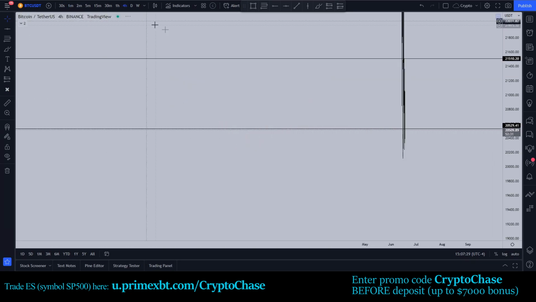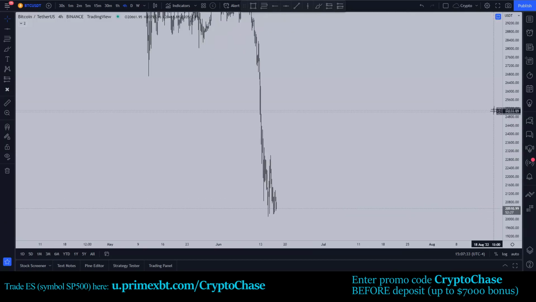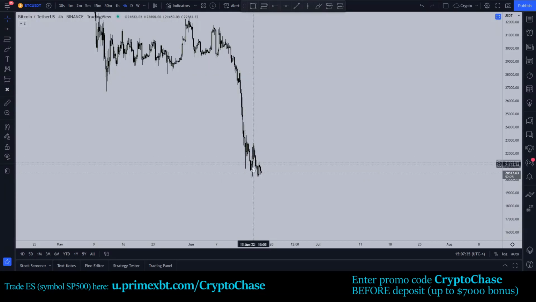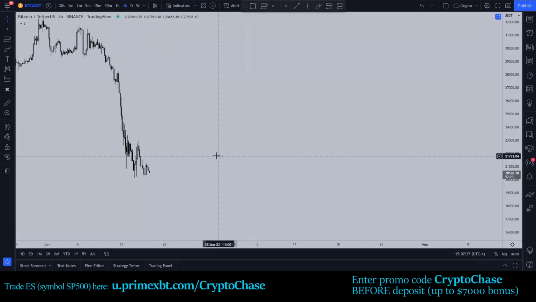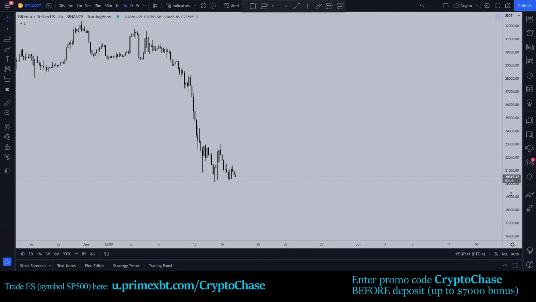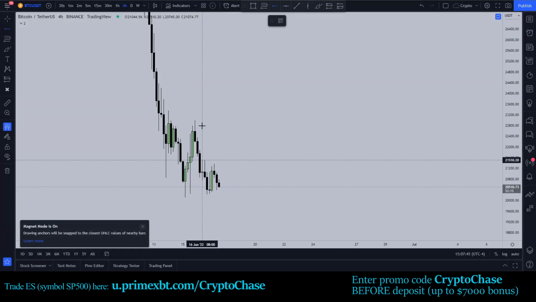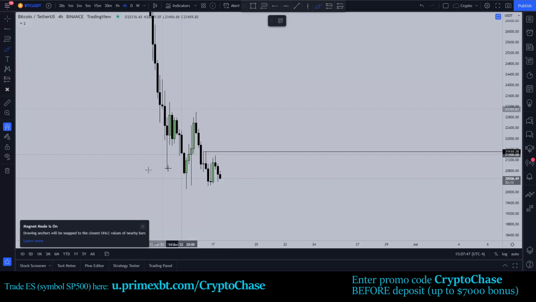All we've had is selling, and yet you can't get anything out of this. You don't even get any stop runs. Where's the stop runs that we used to get? At least run some liquidity so I can get short. You can't get anything out of this market right now, in my opinion.